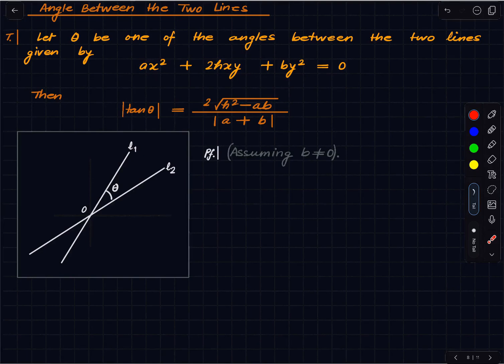So we'll just use the formula for the tangent of the angle between two lines. Suppose this line has slope m1 and that has slope m2. Then we know that tan theta in the absolute value is this expression.